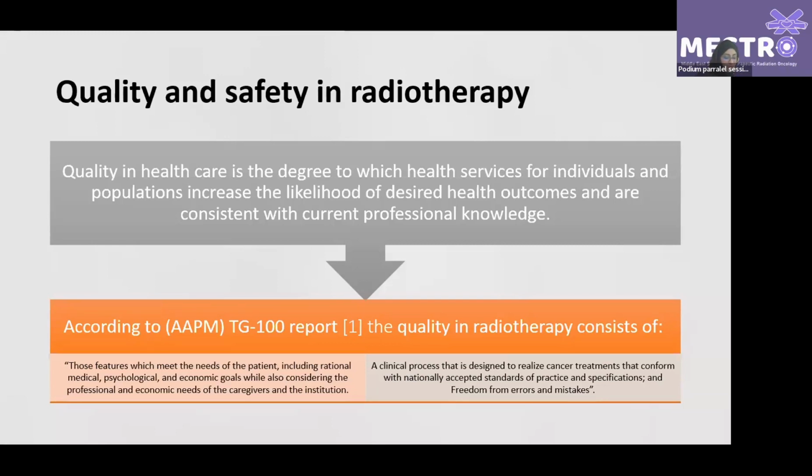If we talk about quality in radiation therapy, according to the AAPM TG report 100, those are the features which meet the needs of the patient, considering all the medical, psychological, and economic goals, in addition to the professional and economic needs of caregivers and the institutes. Besides that, it's the clinical process which is designed to realize the cancer treatment that conforms to nationally accepted standards of practice and specification, and should be free from errors and mistakes. Next, please.